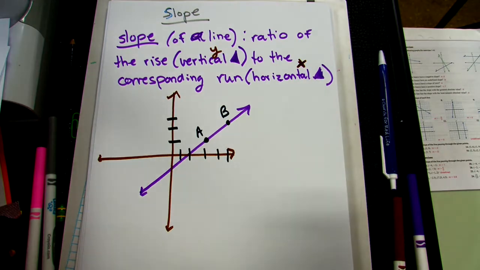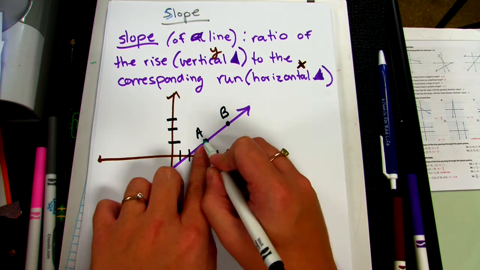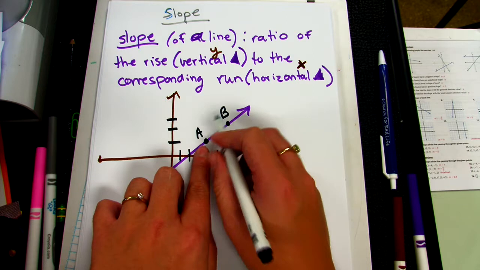There we go. If we want to know the slope between A and B, remember we're looking for the horizontal and the vertical changes.